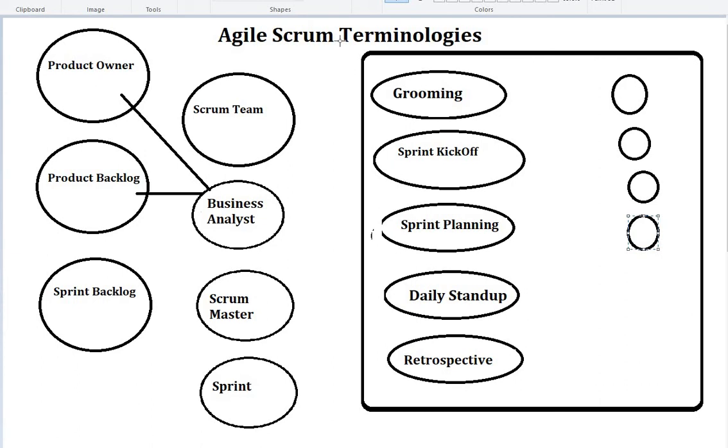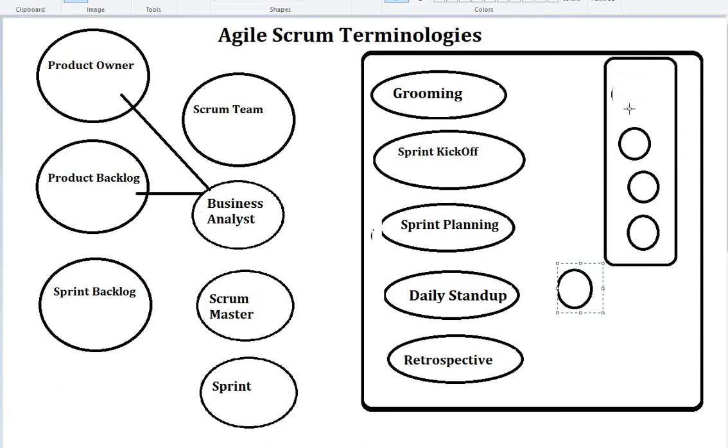All of these requirements are kept inside the bucket where you define each and everything. Out of this bucket, they will have something called prioritization. Sprint prioritization prioritizes which of these items is going to be delivered in that sprint cycle.